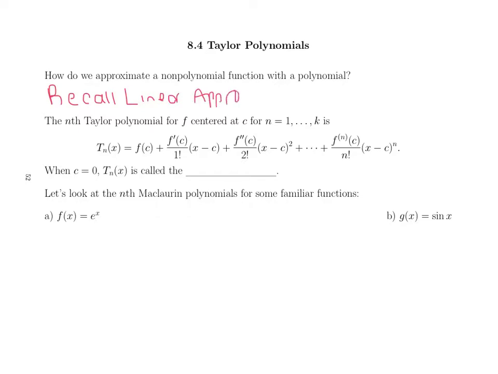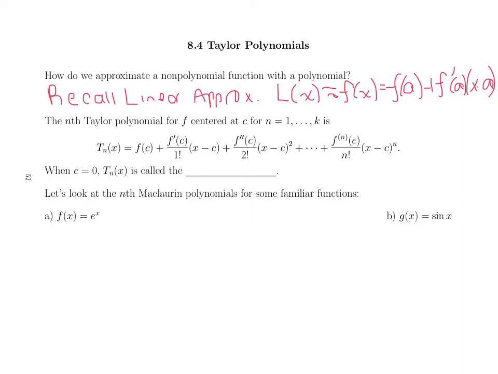In that, we took a function and did linearization, sometimes called L of x, a way to approximate f of x using the equation of the tangent line. So we did f of a plus f prime of a times x minus a, as a way to approximate a function near the value of a.